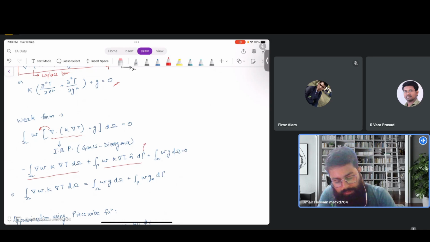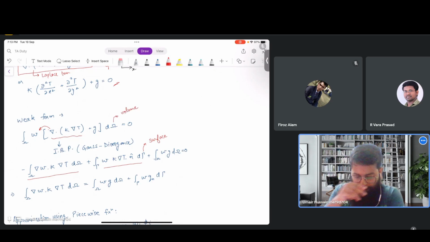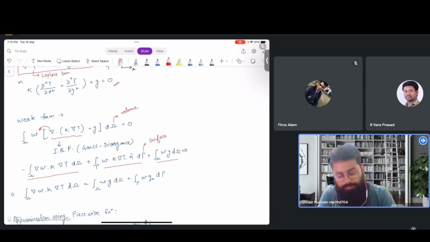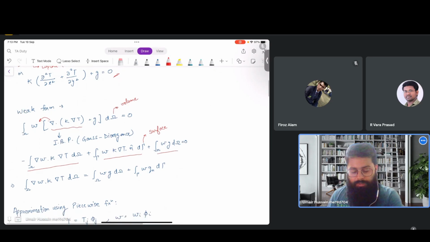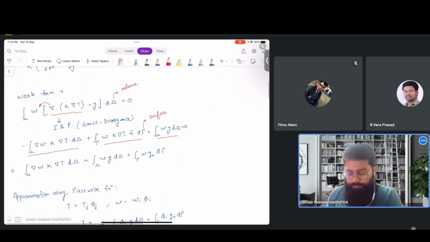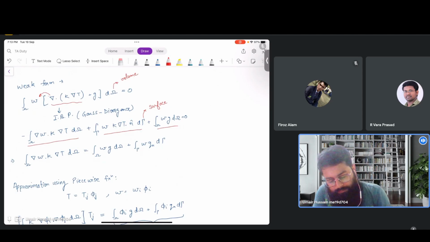So gamma represents the surface and omega represents the volume of the domain. Plus, our source term is left untouched because there are no differentiability changes required on that. So finally, our weak form is of this form.